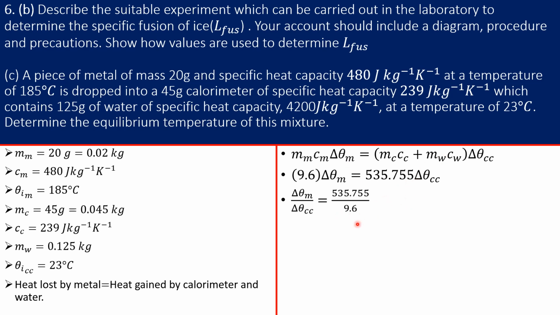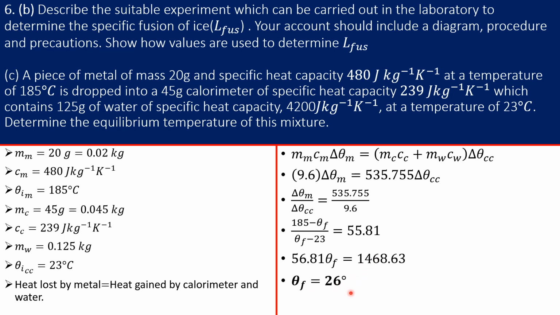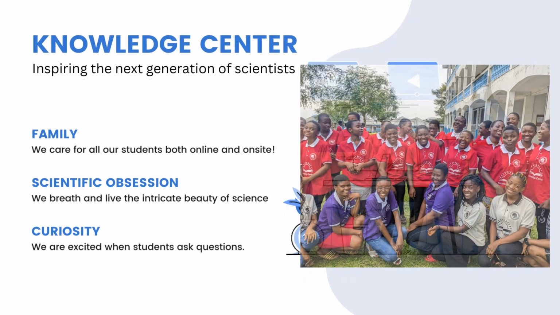We can simplify. The change in temperature of the metal is 185 minus theta final. The change in temperature of the calorimeter and its content is theta final minus 53. So that gives us this, and we can make theta final the subject from this expression. Our theta final is 26 degrees Celsius. I've not put the degree Celsius.